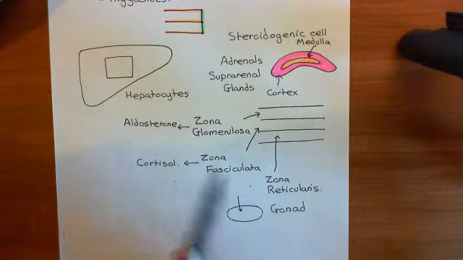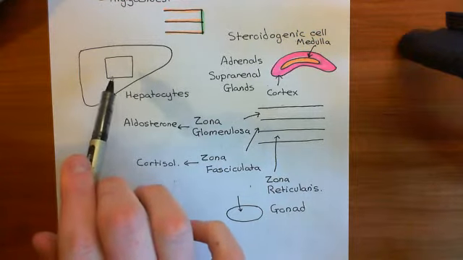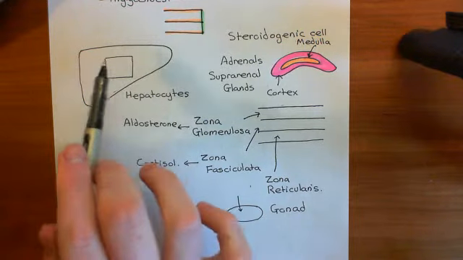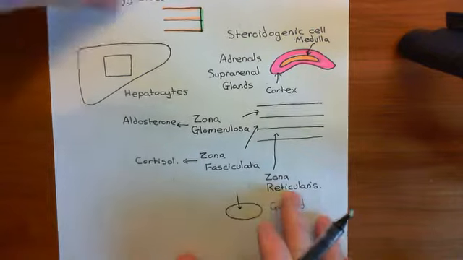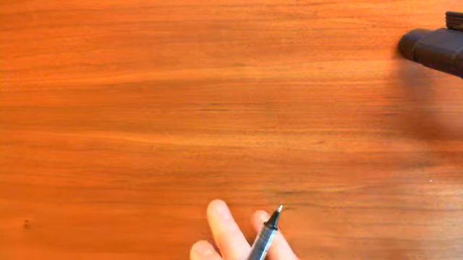We're going to concentrate on hepatocytes, and we're going to see how HDL and LDL particles will deliver their cholesterol esters to the hepatocytes, and they do it in very different ways. So let's start off by looking at high-density lipoprotein.